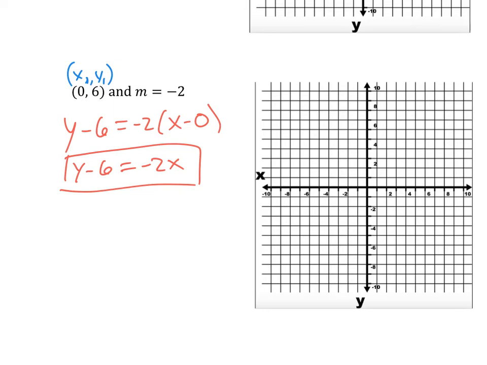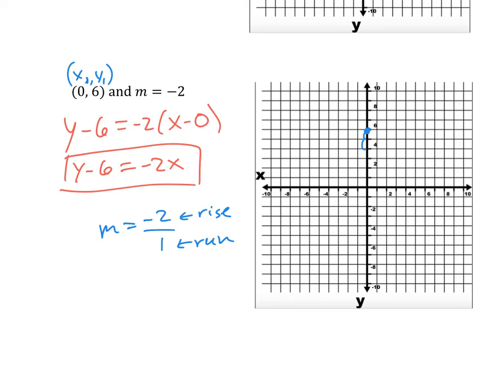Finally, let's graph. We have (0, 6). We're going to start at 0, and we're going to go up to 6, which looks like it's right there. Then our slope is negative 2. So m equals negative 2. We want to make that into a fraction. That's negative 2 over 1, and this is our rise over our run. So for every 2 that we go down, we're going to go over 1.